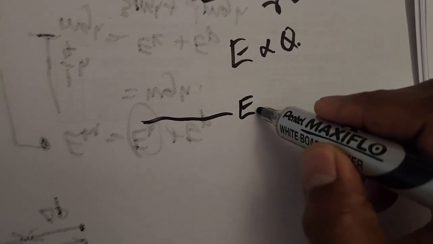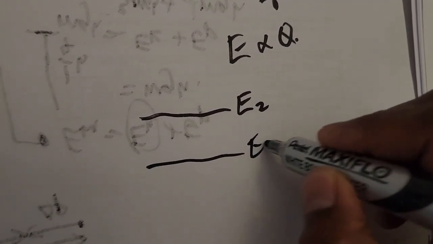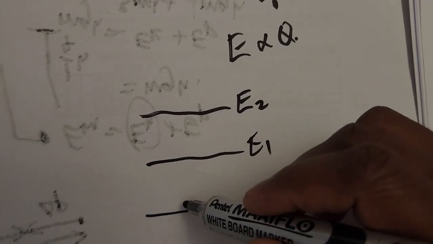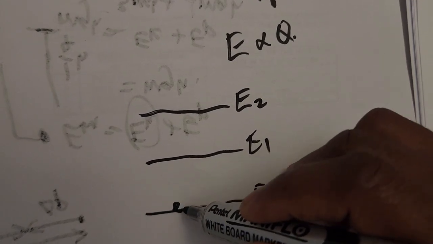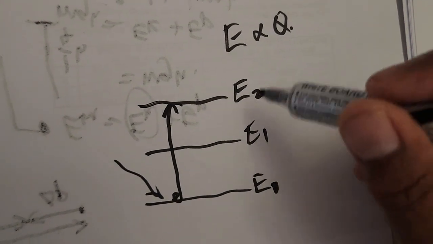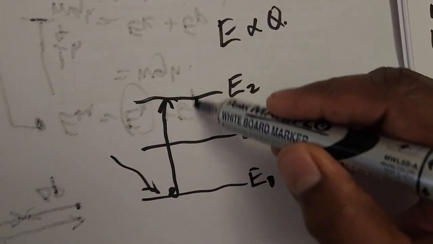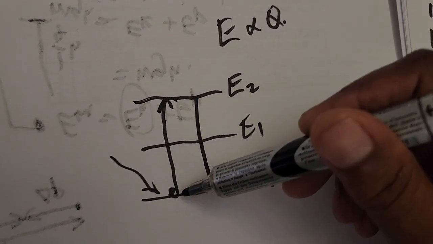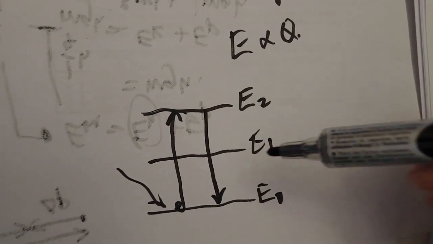Let's say we've got energy level 2, energy level 1, energy level 0. Absorption is when the electron gains energy from radiation and jumps up, whereas emission is when it drops down. So the transition will be from the lower energy level to higher.